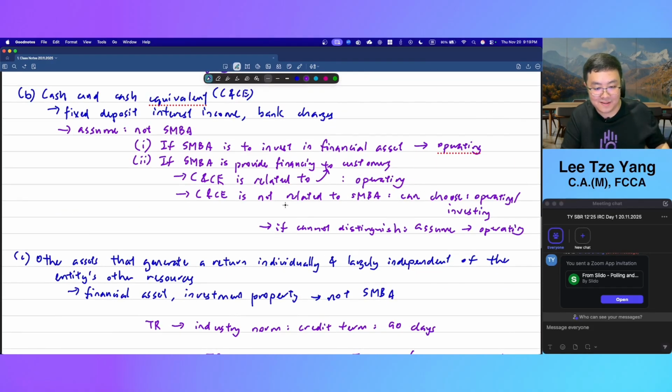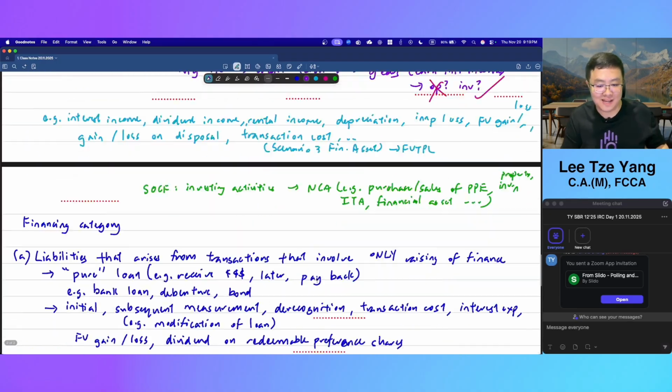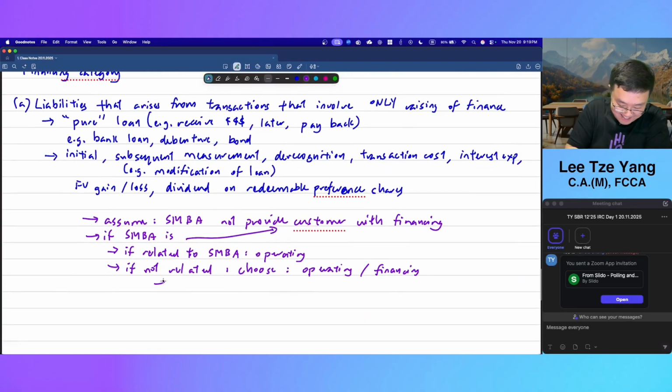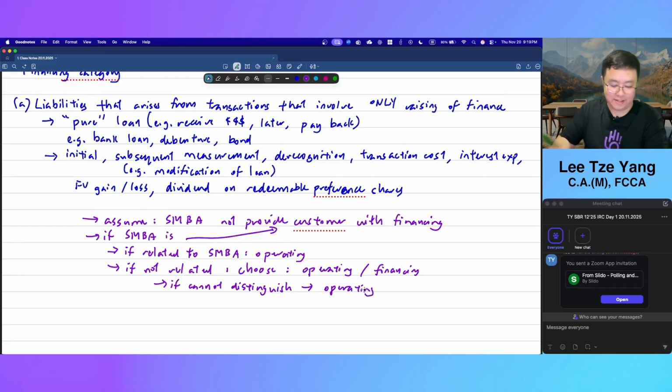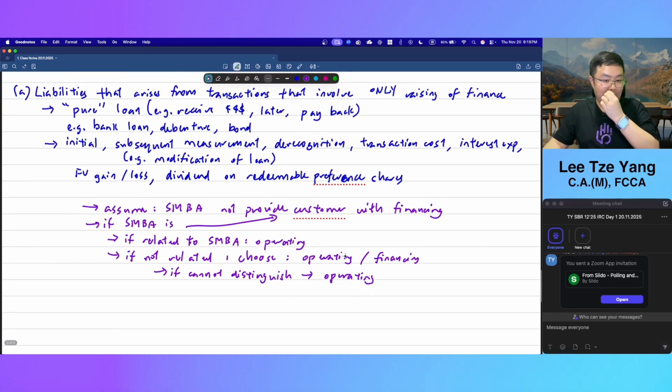Related to this, then the interest income is operating. If not, then choose. Cannot distinguish, assume operating. Same thing here. If you cannot distinguish whether it is related or not, operating. That is for this first liability.